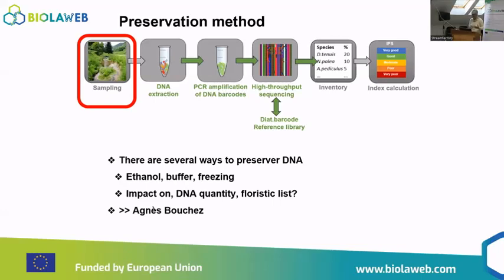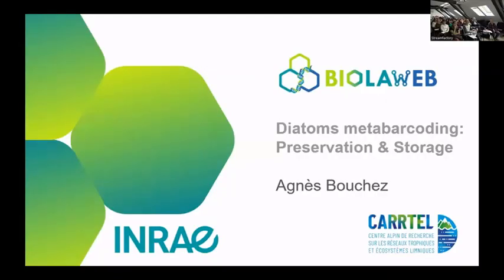So don't use this preservation method, but you can use many other preservation methods, which are ethanol, or using a buffer, or freezing your samples. We wanted to know if the different methods would have an impact on the DNA quality, quantity, and on the floristic list we could obtain from diatom samples.